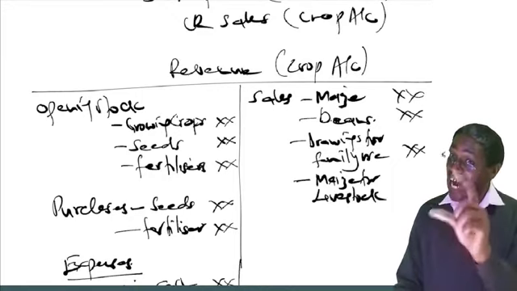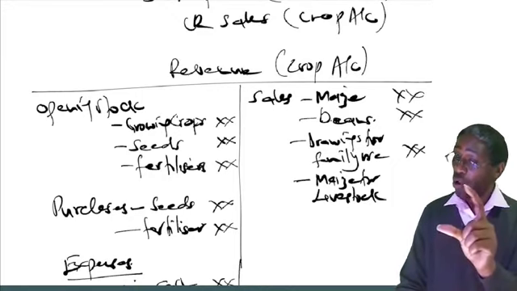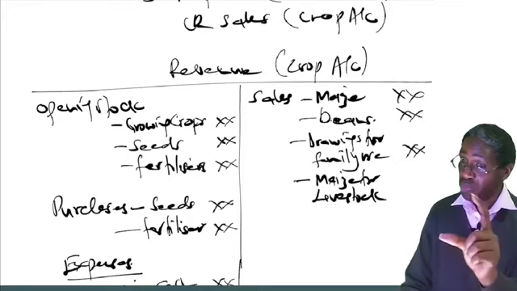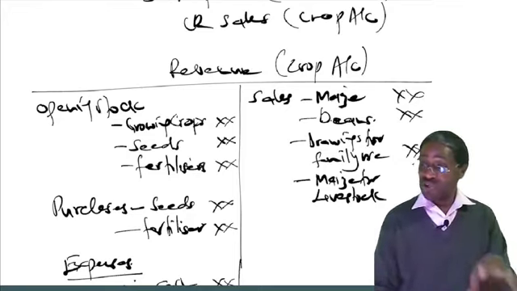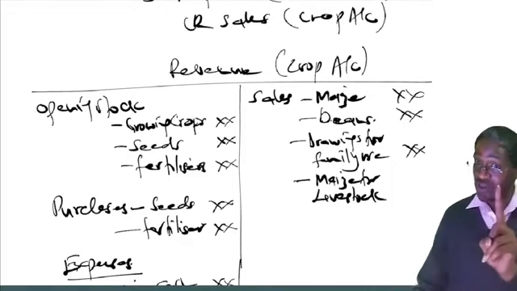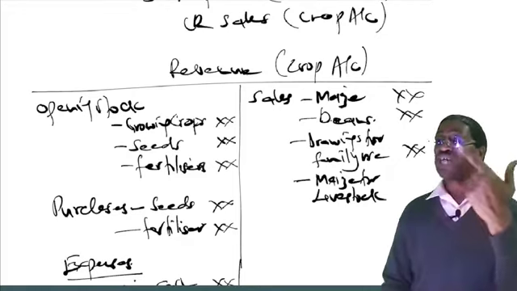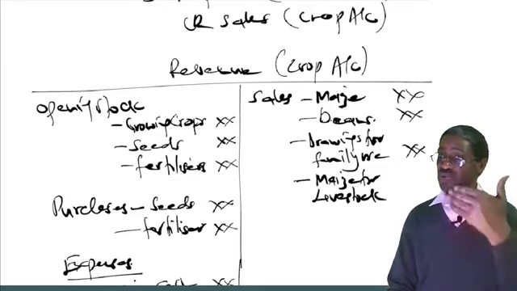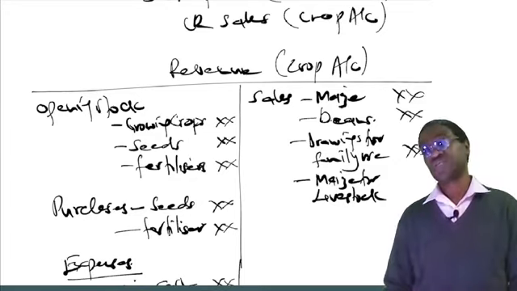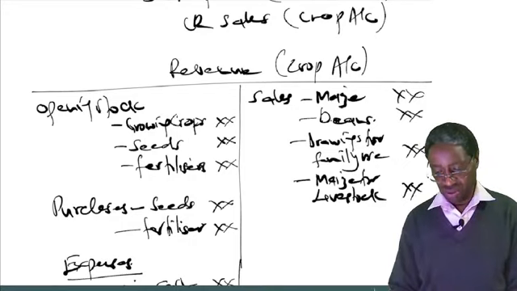That is an output of the crop. It was an input of the livestock. If I was to prepare a revenue account for the livestock, that amount I'll show as an expense. But for the crop, that maize used for livestock feed is considered revenue. Good.